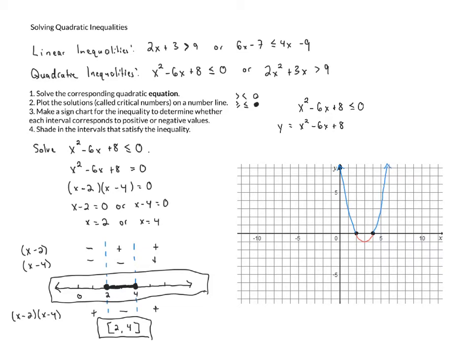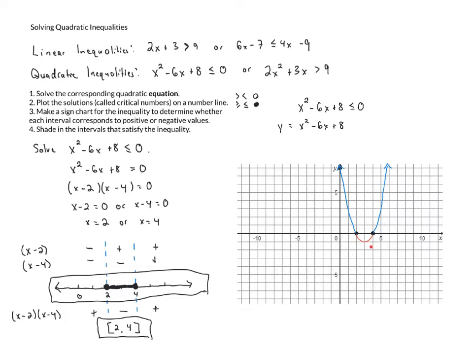Beautiful. Now I want to point out something about the different colors that I used. I used red specifically for the part where the graph goes below the x-axis. Now when the graph is below the x-axis, this is when y is less than 0. These are the y values that are negative.